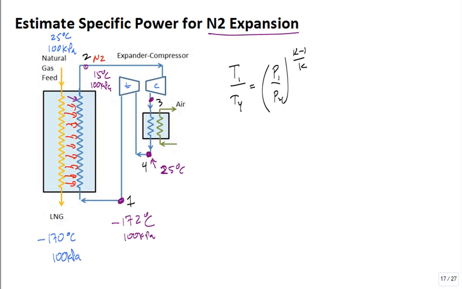And so this temperature that you put in at T1, you add 273, so it's about 101 Kelvin. This is around 298 Kelvin. And so the pressure ratio, P1 over P4, is equal to T1 over T4: 101 divided by 298, to the power 1.4 divided by 0.4.